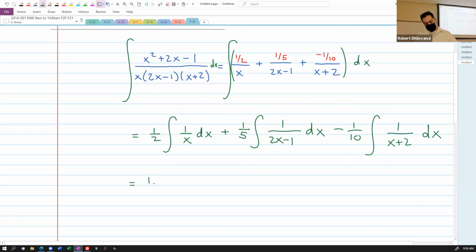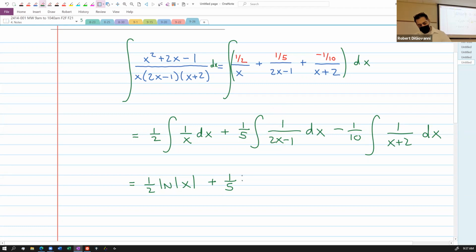The first one is just 1/2 natural log absolute value of x. Next one is 1/5. Here's the part that's tricky. What is the antiderivative of this? It'll be 1/10. You're going to get a 1/2 to come out of this because of the number in front of the x.